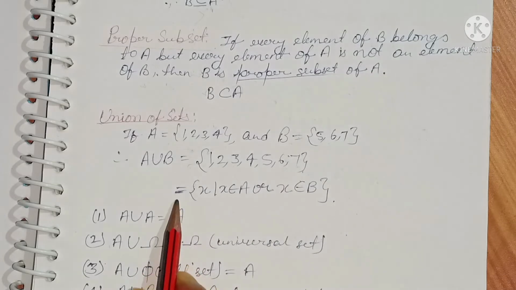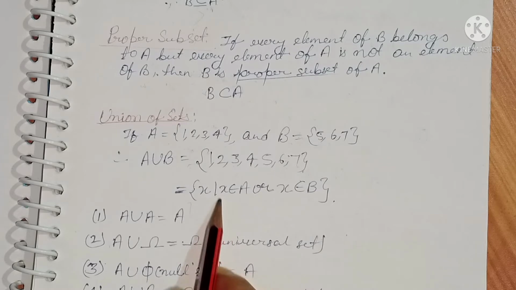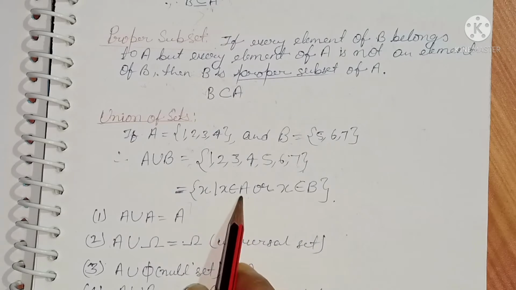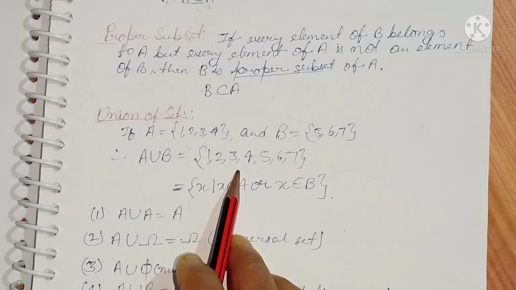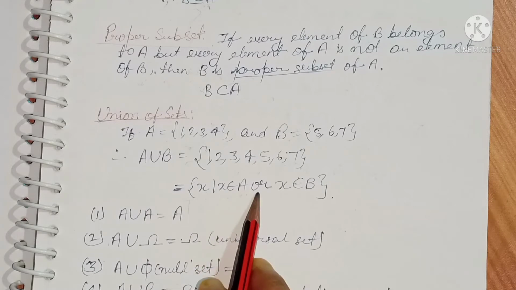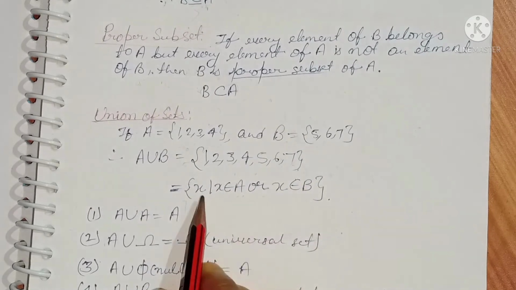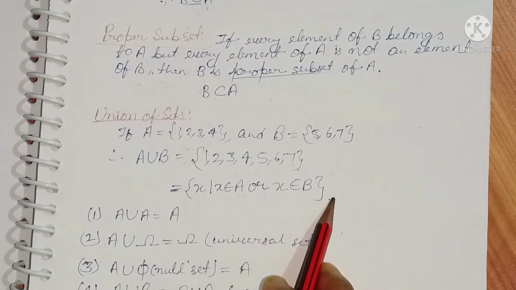In symbolic form we can write: x, a vertical line or colon, x belongs to A or x belongs to B. It means x is an element of A union B, so x is an element of A or x is an element of B. Again, keep in mind that you don't repeat elements. All elements should be written only once.